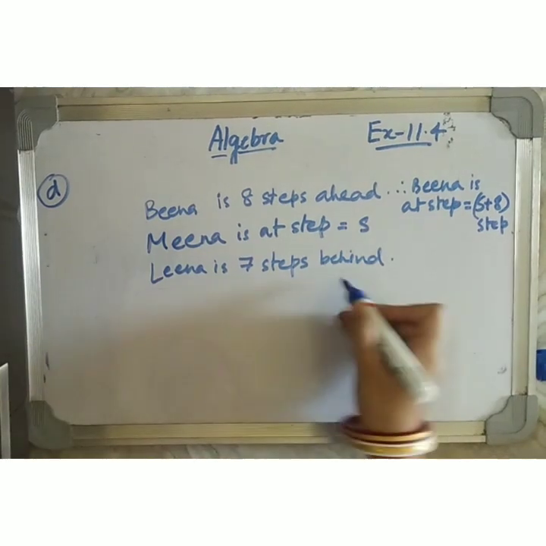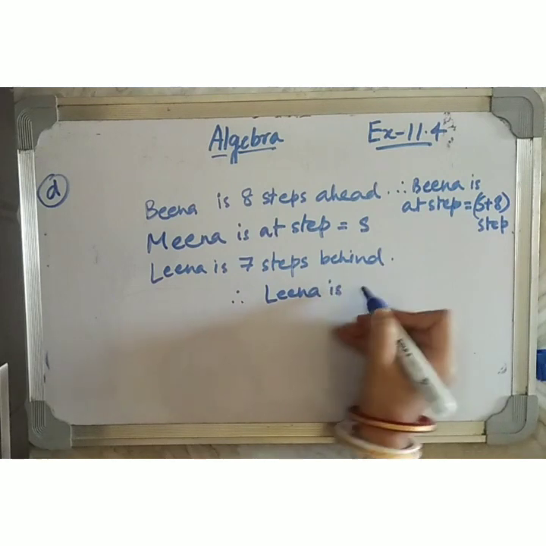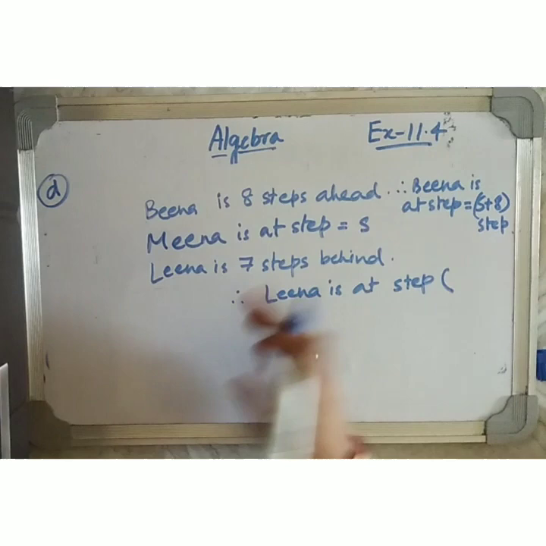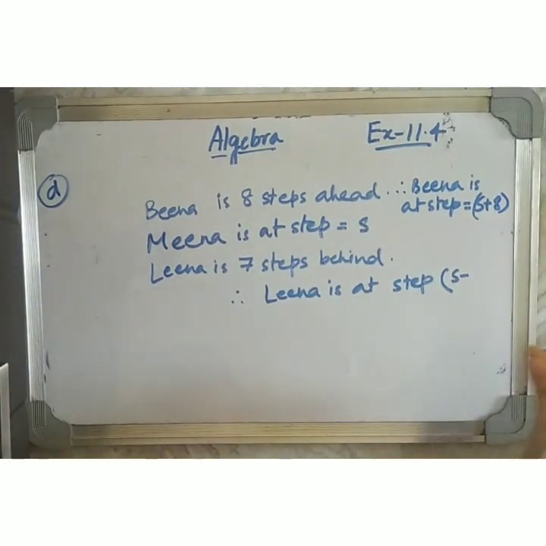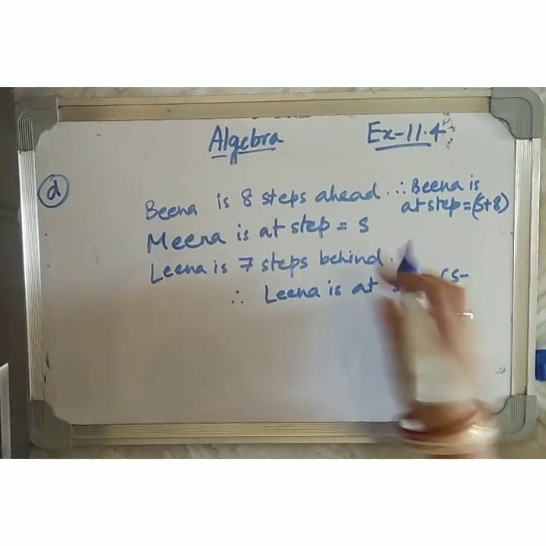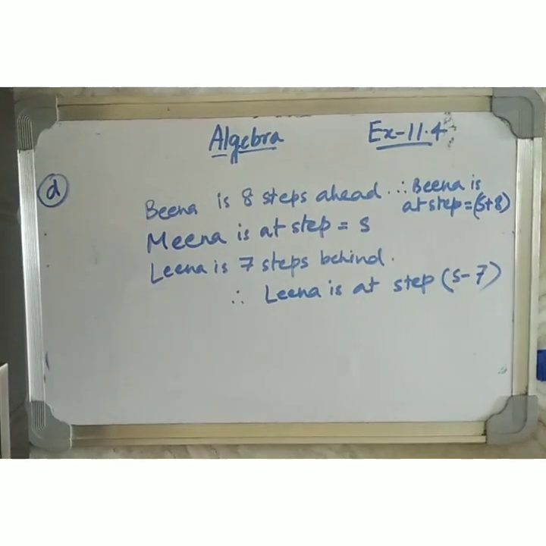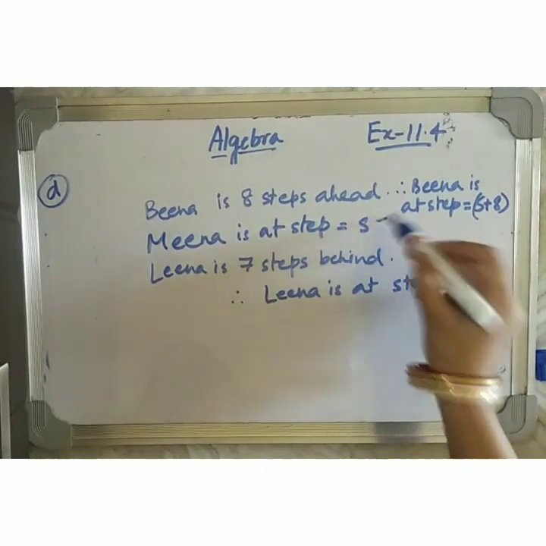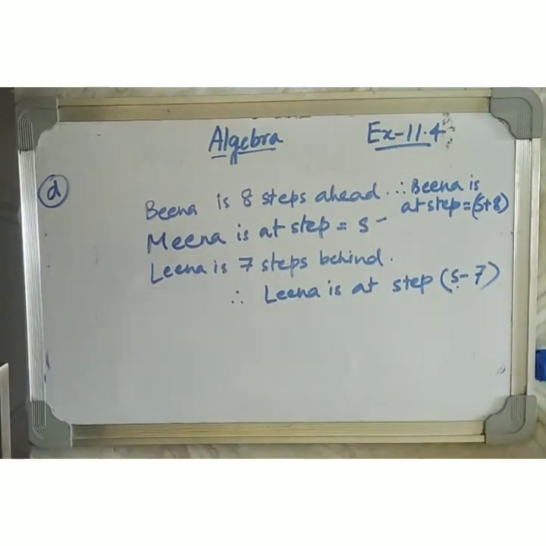Okay, 7 steps behind, therefore Leena is at step behind, means she has gone a smaller distance. Okay, so S minus 7 will be our answer. Here Leena is staying 7 steps behind Meena. Meena is at step S. So 7 steps behind Meena means S minus 7. Leena is at step S minus 7.